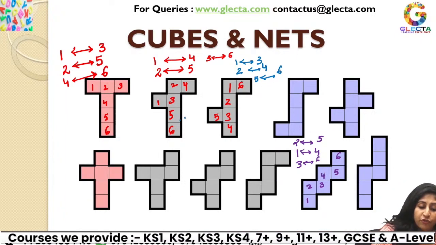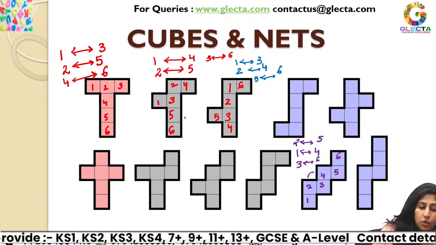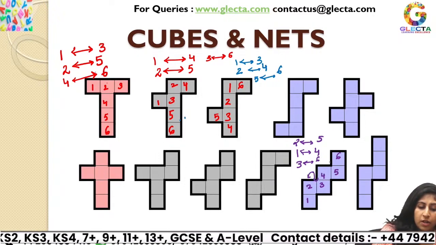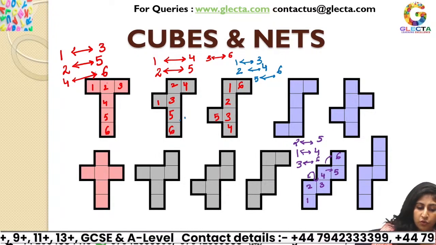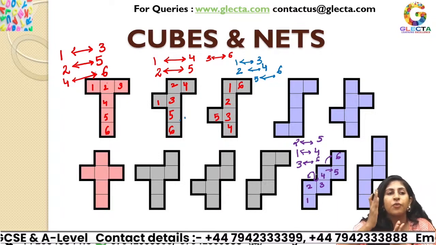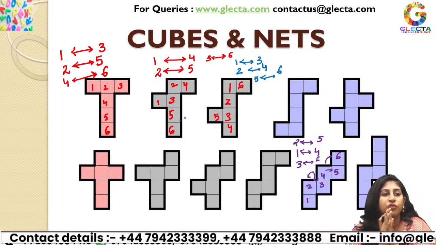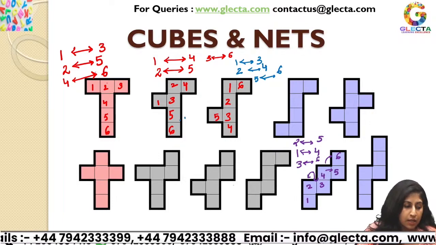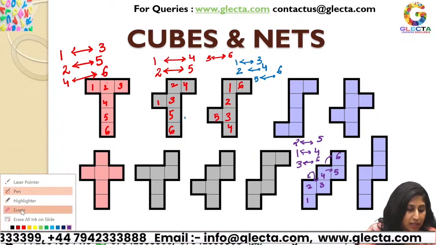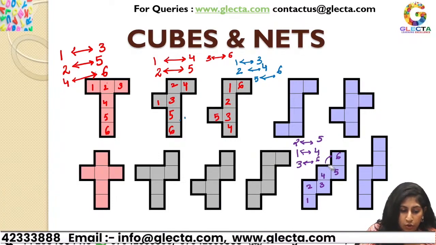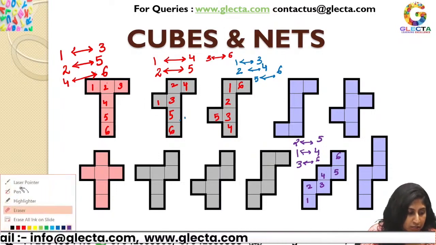If you see 4 is adjoined with, like, 2 is over here and 3 is over here, 6 is over here, 5 is over here. So I started from the middle one, right? About 4. Now you would say that, Miss, how can you say that it's not opposite 2 or 5 or 3 or 6?